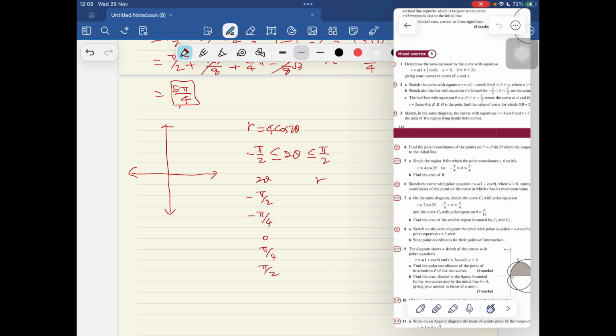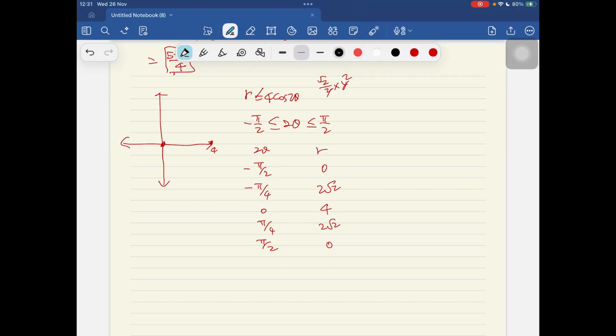Then R is 0 and 0. And at negative pi over 4 it is square root of 2 over 2 times 4, 2 square root of 2. 0 is 4. So 2 square root of 2, like this. Here then theta is negative pi over 4, negative pi over 8, 0, pi over 8, pi over 4.